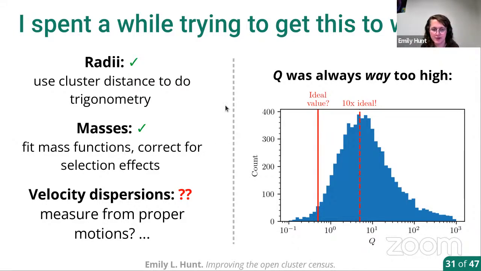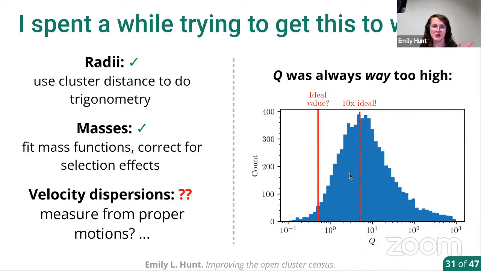I fit mass functions to the clusters, correct for selection effects, correct for unresolved binaries, and then try to get accurate total cluster masses. But the thing I always found is that velocity dispersions are so difficult to measure properly. The virial ratios that I was getting were always far too high for most of the clusters in the sample. They were actually about 10 times the ideal value, which is difficult.